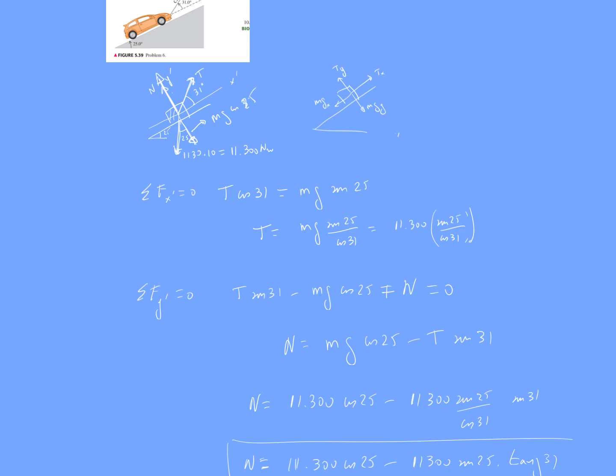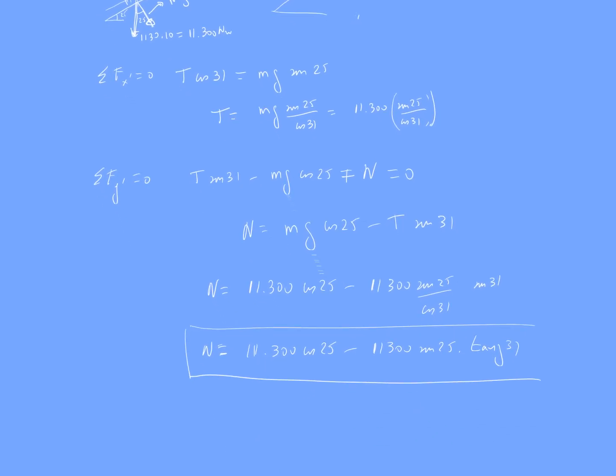So the sum of all the forces equals 0, so I have the normal. The normal will be mg cosine of 25 minus T sine of 31, but I already know the tension T from the first part. The tension T is 11,300 sine of 25 divided by cosine of 31.